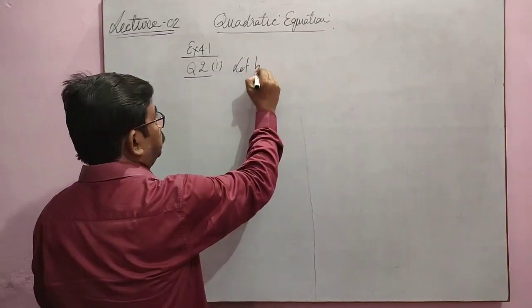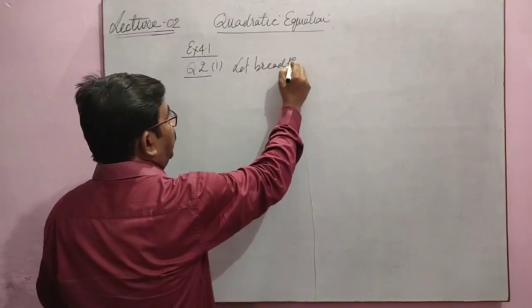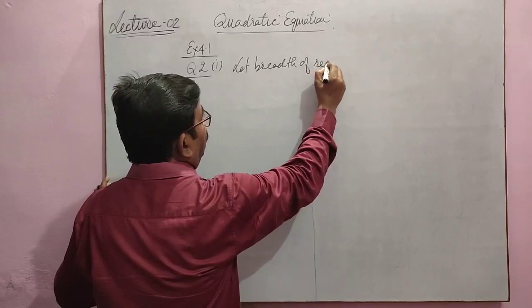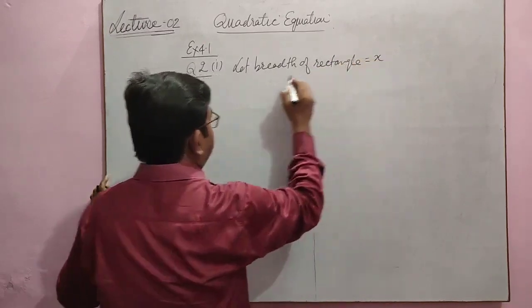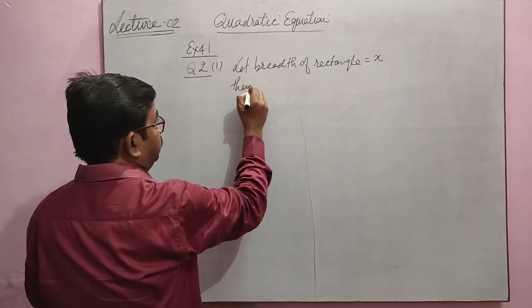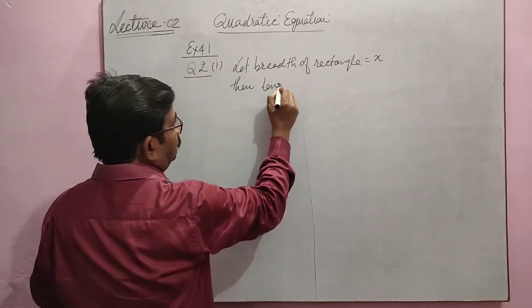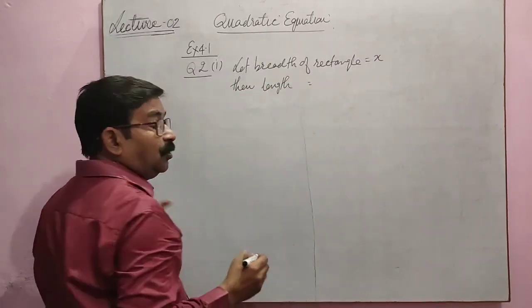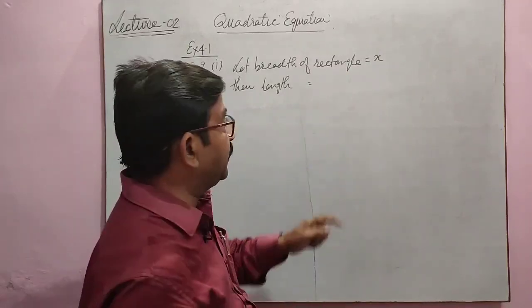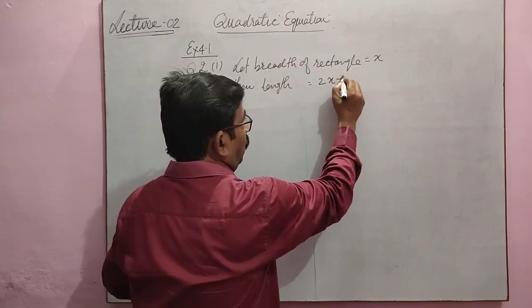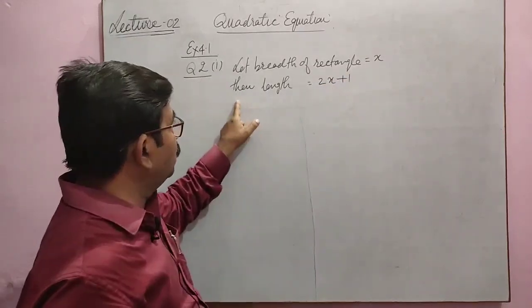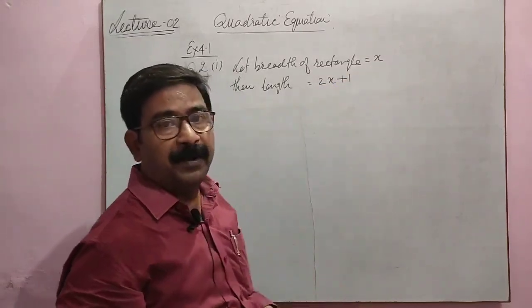Let the breadth of the rectangle be x. Then the length is 1 more than twice, so twice is 2x and 1 more, plus 1. So this one is length and this one is breadth.